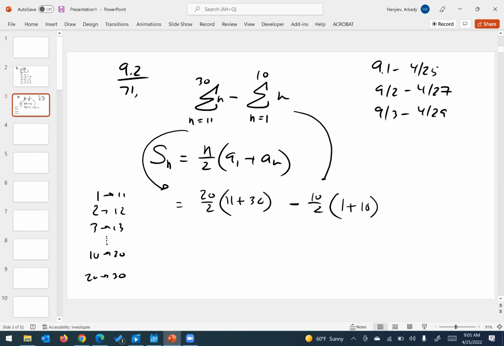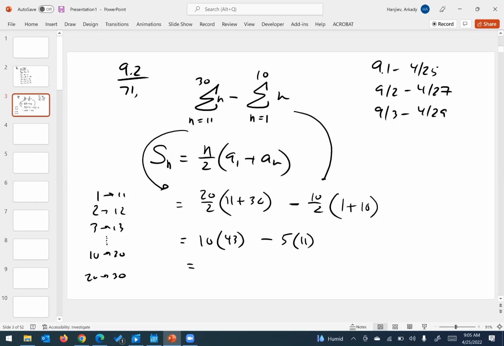The first iteration would be 1, the last iteration would be 10, and it's all yours to finish up. You guys finish it up and then tell me what you get.